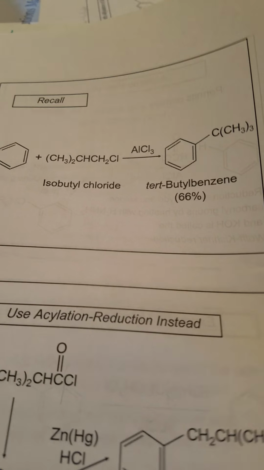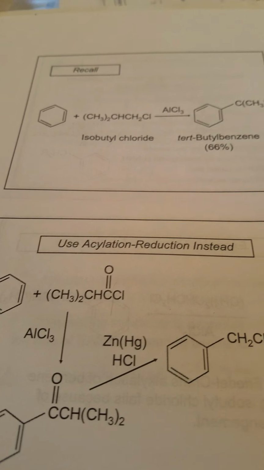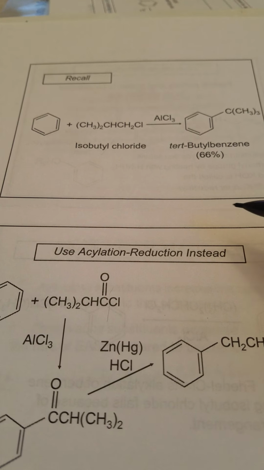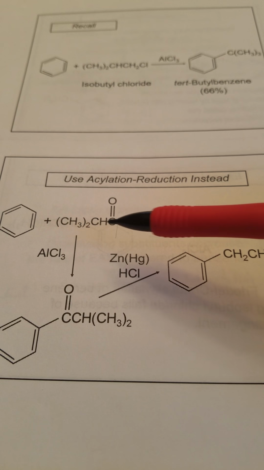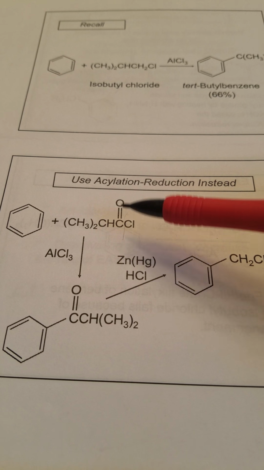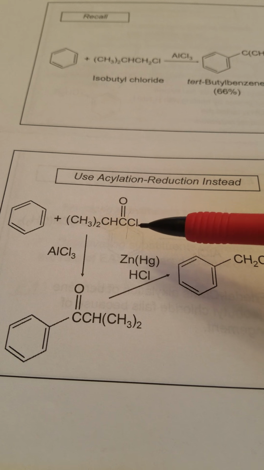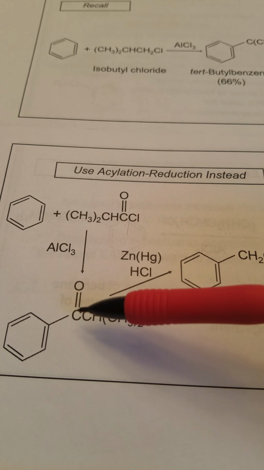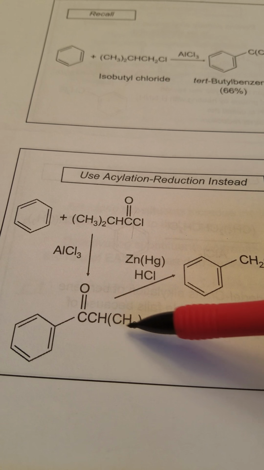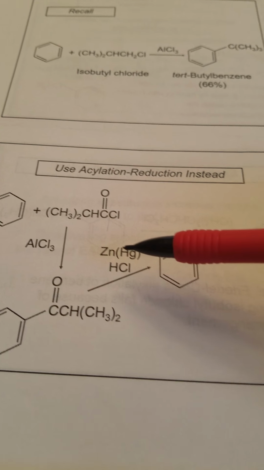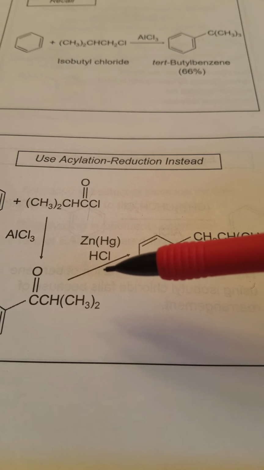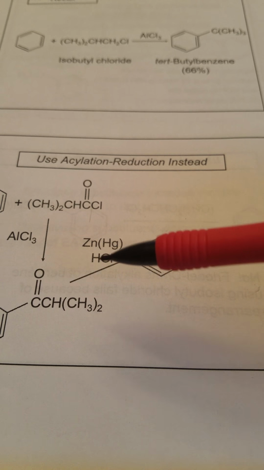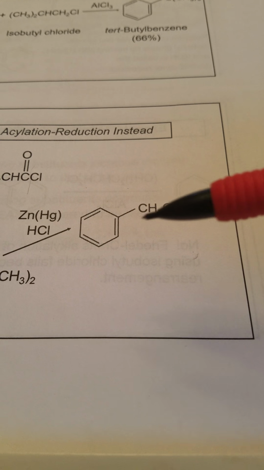So if I want this isobutyl group on here, what I'm going to have to do is use an isobutyl group that has an acyl type region. Remove that chlorine, attach it first. So here's our isobutyl group here. And then I'm going to do a Clemmensen reduction using this, or I can use the hydrazine and the other compounds mentioned earlier for the Wolff-Kishner, and I can get the product that I want.